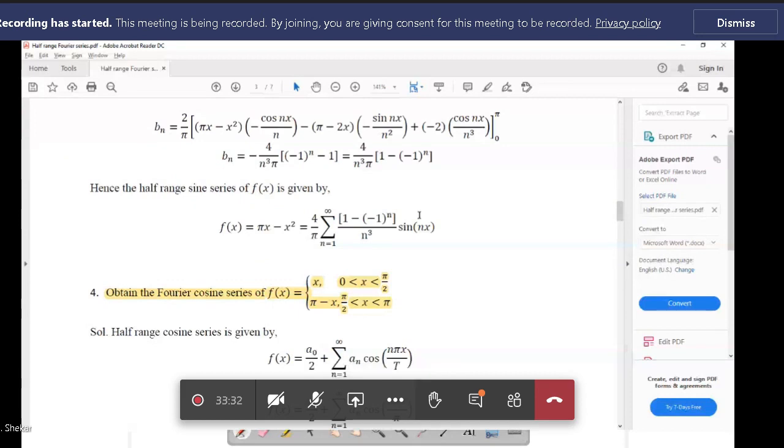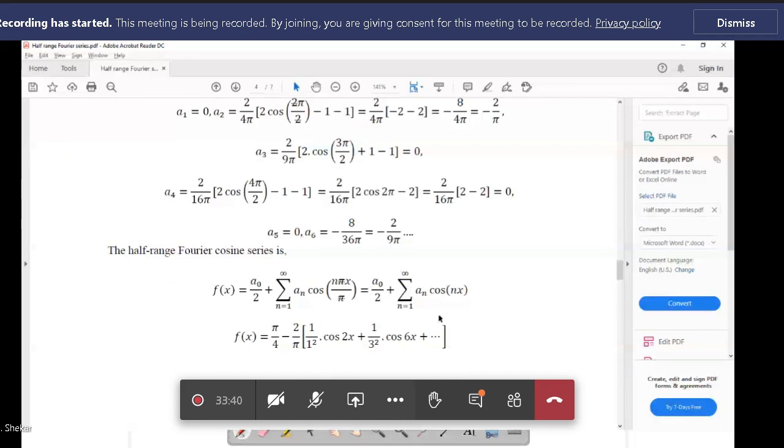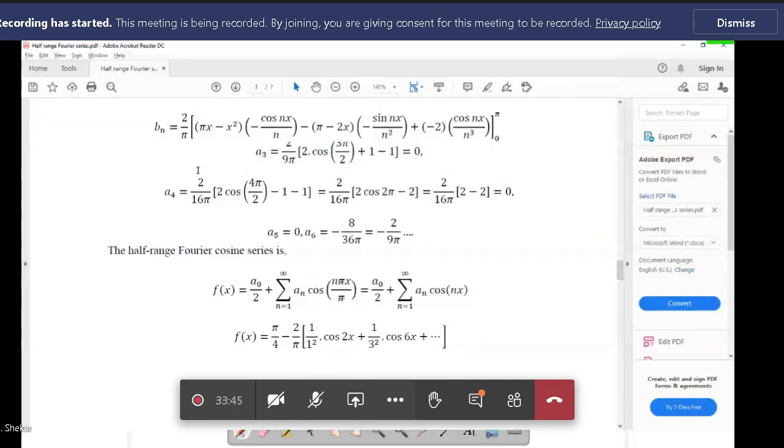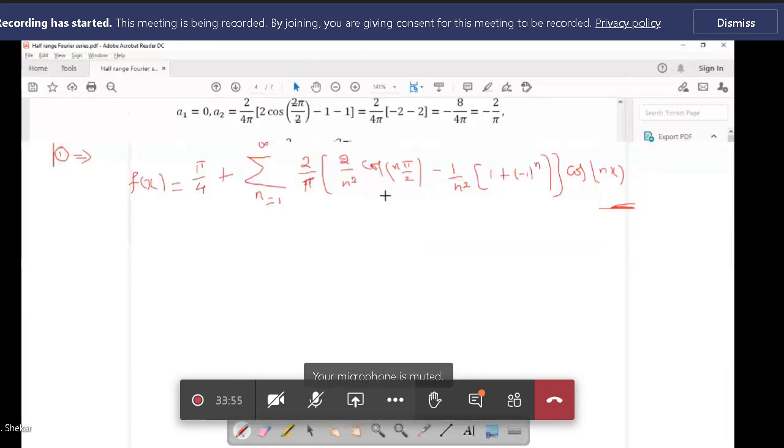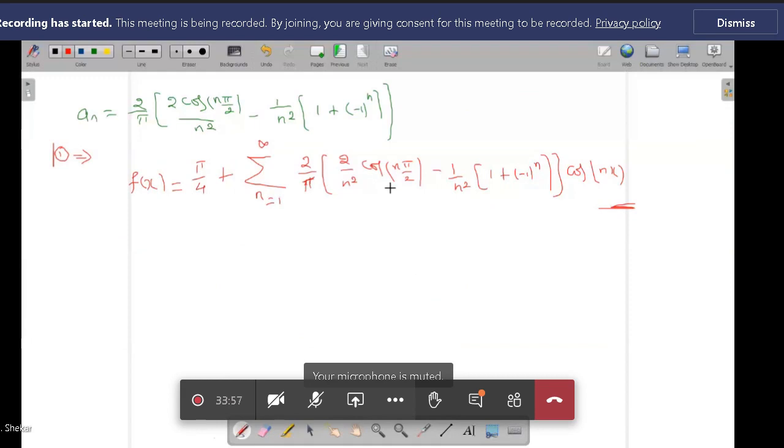So we got that, so further there is no need to expand again. As we know, there are some terms because of cos n pi by 2: if n is any odd number, cos n pi by 2 is 0, and for odd n, 1 minus 1 is 0, so this term is also 0.